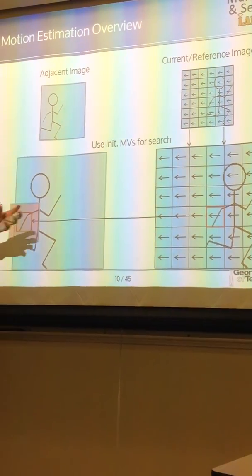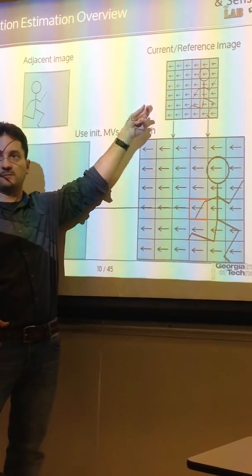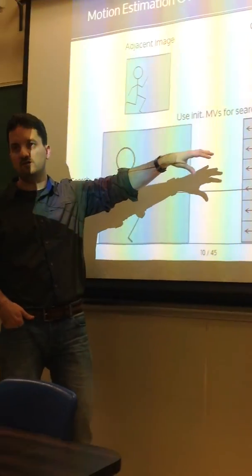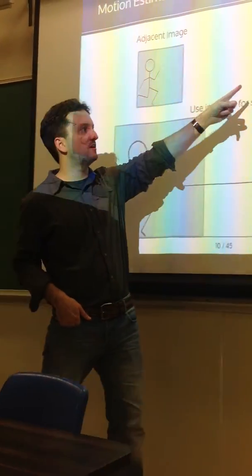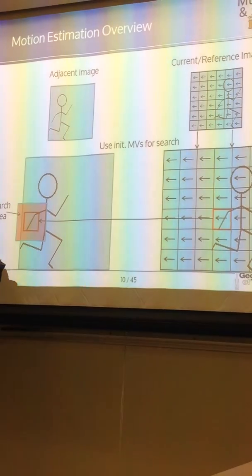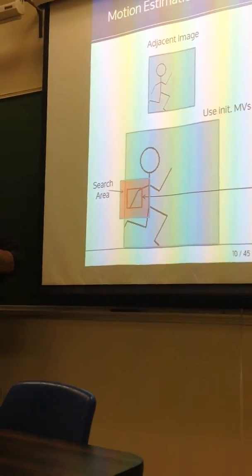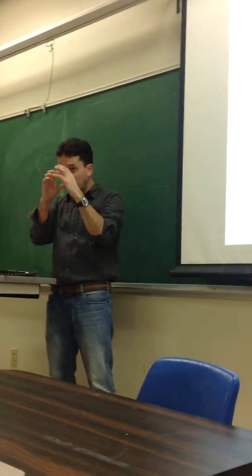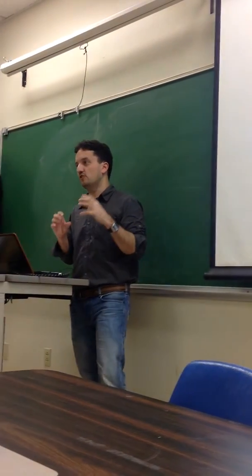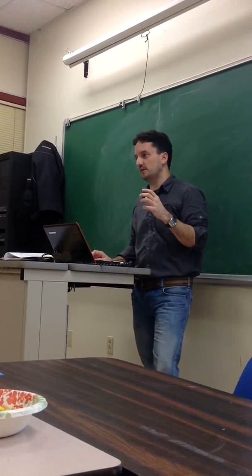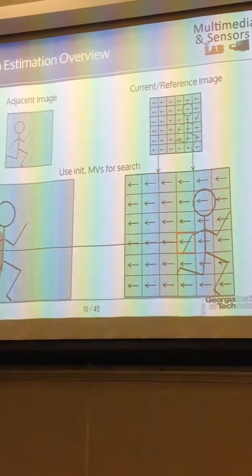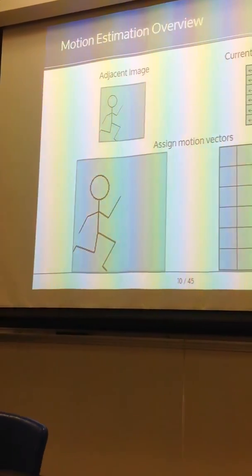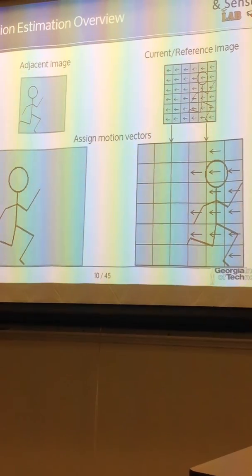So this image has more information than this image. It now has extra pixels. Whatever motion vector we found up here is close, but it's not precise. So we're going to move it around just a little bit to get the precise motion vector that we need. Once I do that, I search that area and I assign motion vectors.